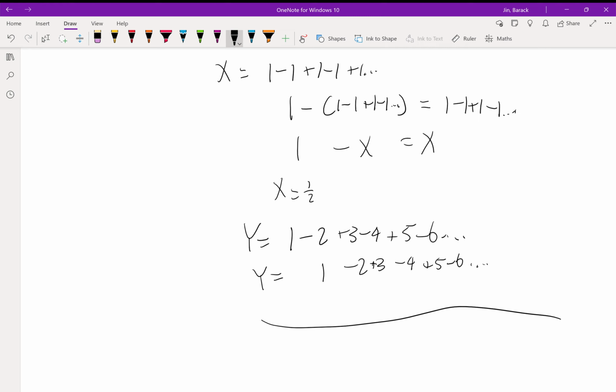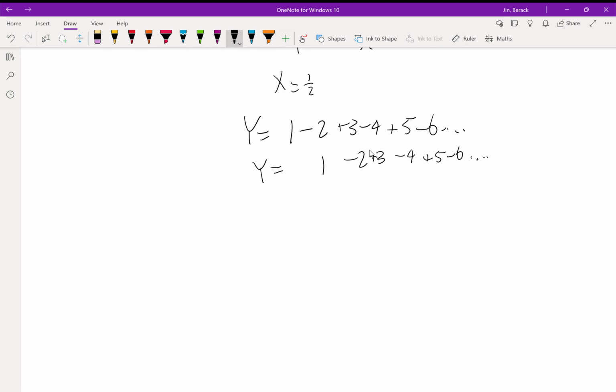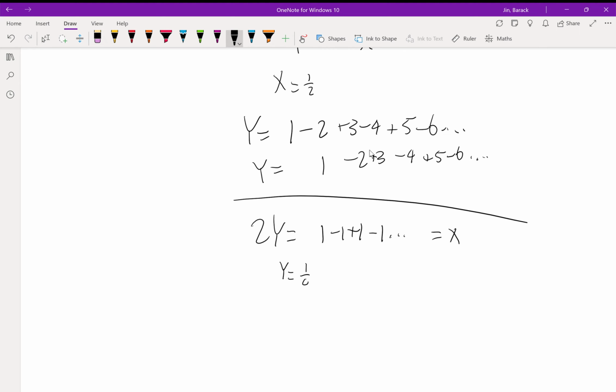What is the result? 2y equals 1 minus 1 plus 1 minus 1, and so on and so forth. And this equals x. y equals 1/4.